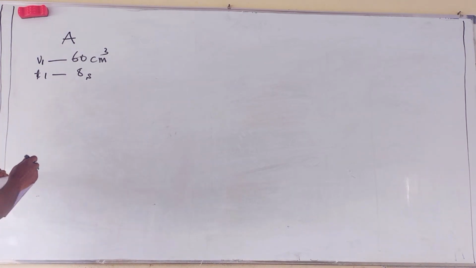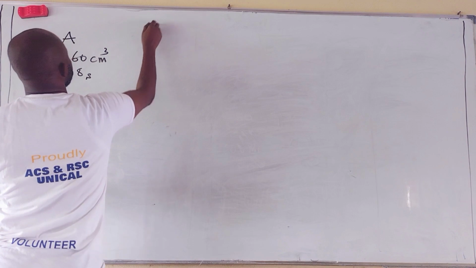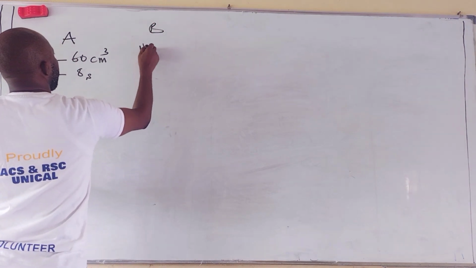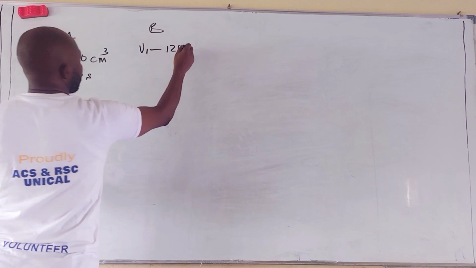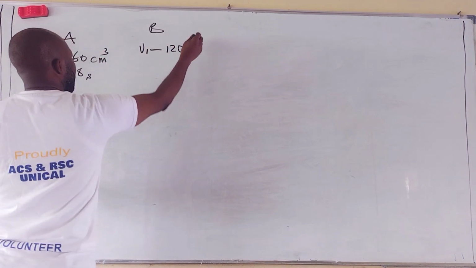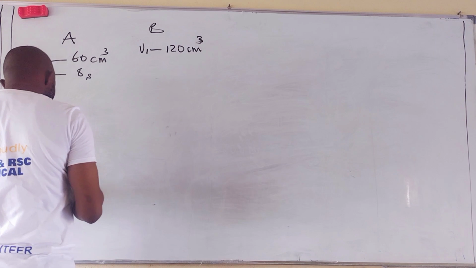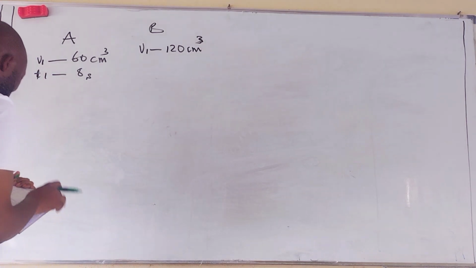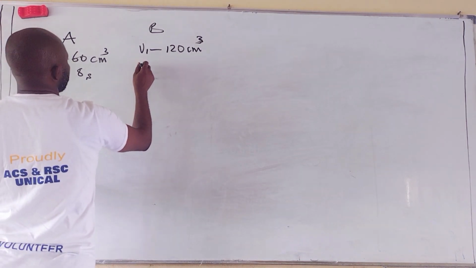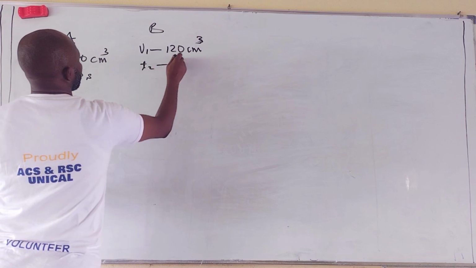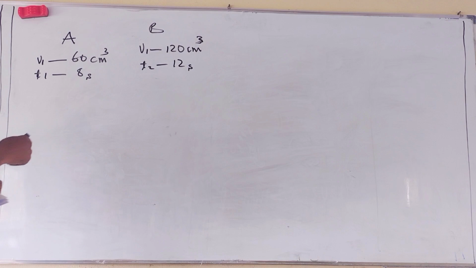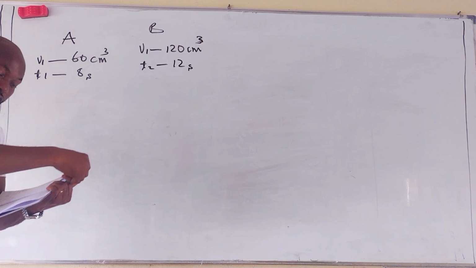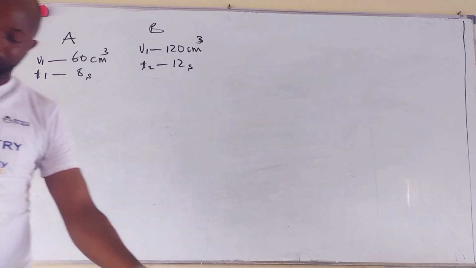And 120 cm cube of another gas B, this is B, V2 is 120 cm cube of another gas B, that diffuses in 12 seconds, T2, 12 seconds. Calculate the rate of diffusion of the two gases.